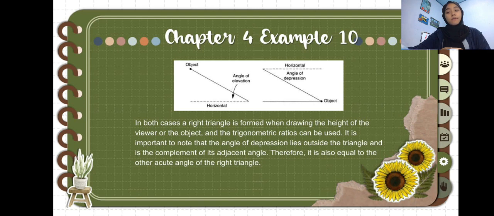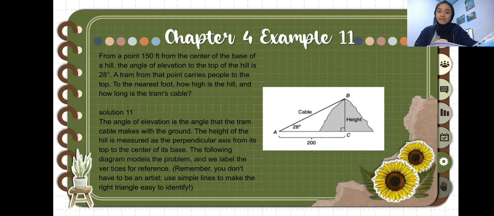It is important to note that the angle of depression lies outside the triangle and is the complement of its adjacent angle. Therefore, it is also equal to the other acute angle of the triangle.